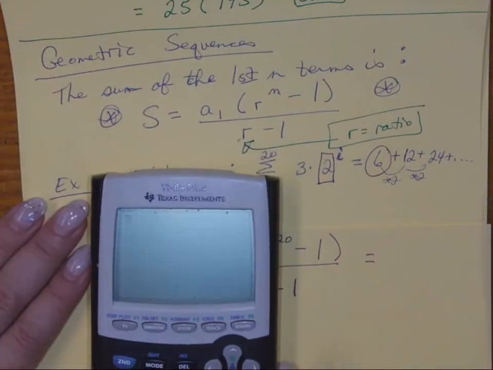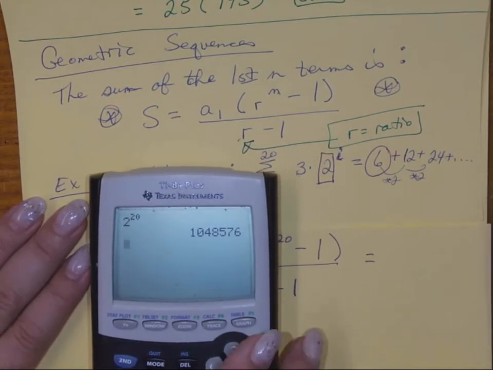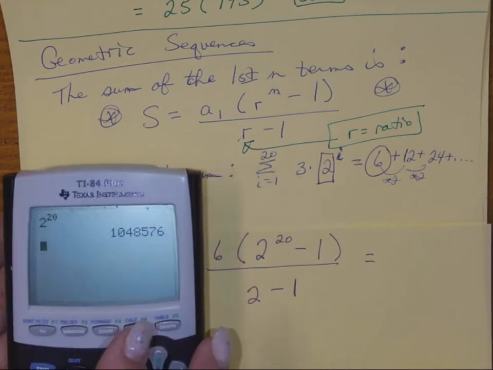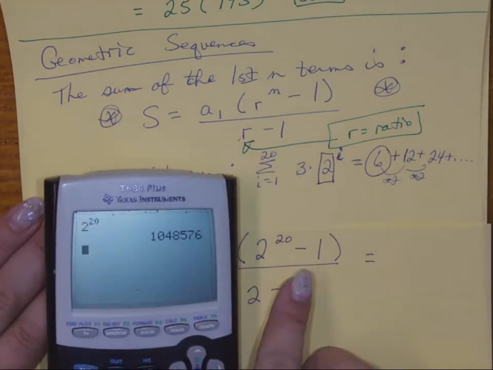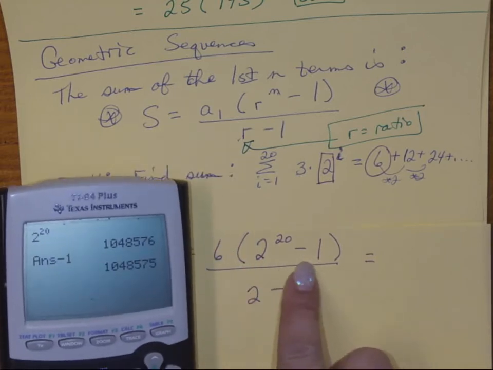Let me get my calculator out because I'm certainly not doing that all by myself. 2 to the 20th is going to be a really huge number, 1,048,576. So I've got 2 to the 20th. I need to subtract 1 because that's in the parentheses before I do my multiplying, right? So I subtracted 1.